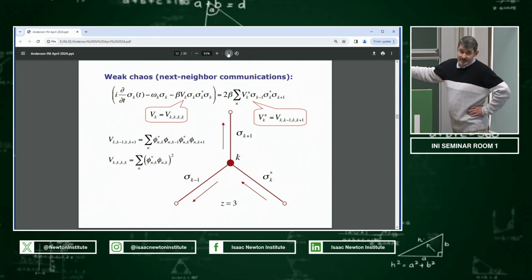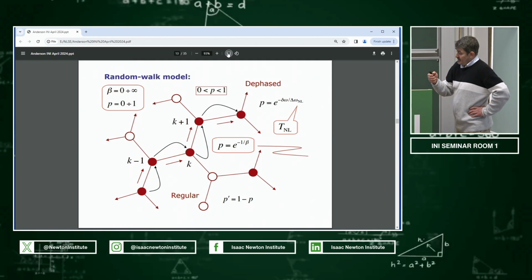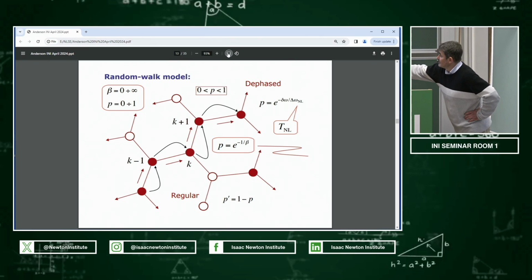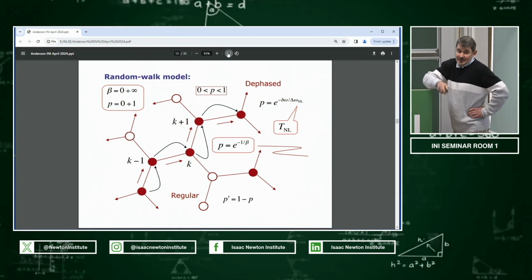And if the couplings are next-neighbor-like, and you have an infinite sequence of these oscillators, you can put them all onto a Cayley graph. And the idea would be that each node of the graph represents a nonlinear oscillator, and the branches represent the couplings.